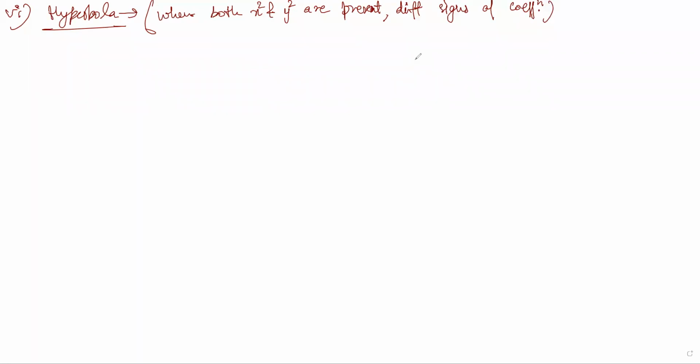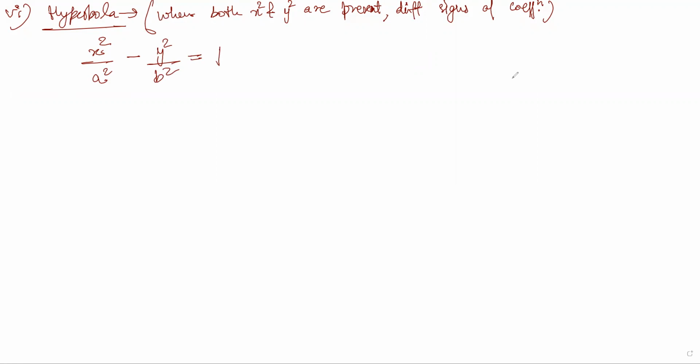If it's 1, then the second coefficient should be negative, anything negative, right? So this will be something like this. The general equation, I'm writing out the general equation: x square upon a square minus y square upon b square is equals to 1.